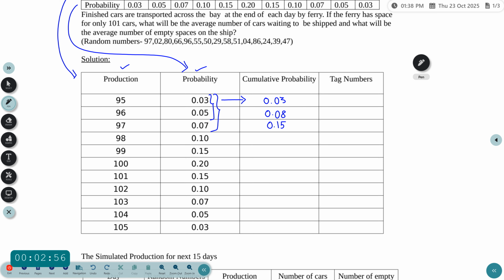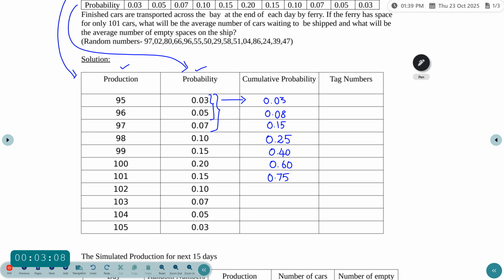The fourth one is the sum of the first four values, which is equal to 0.25, next 0.40, 0.60, 0.75, 0.85, 0.92, 0.97, and the last cumulative value should be equal to 1 because the sum of all probability values equals 1.